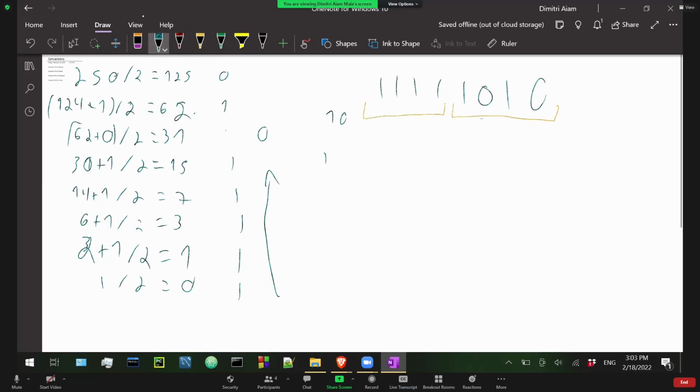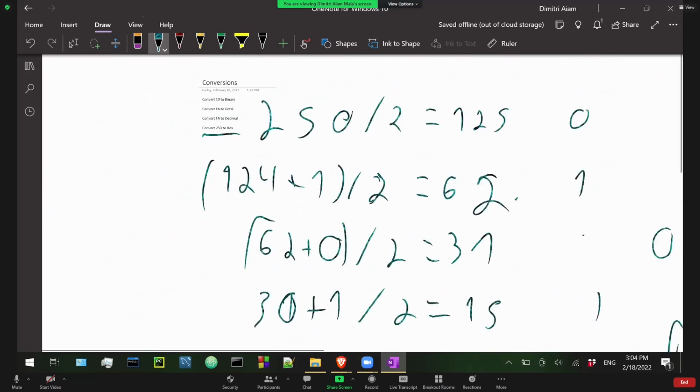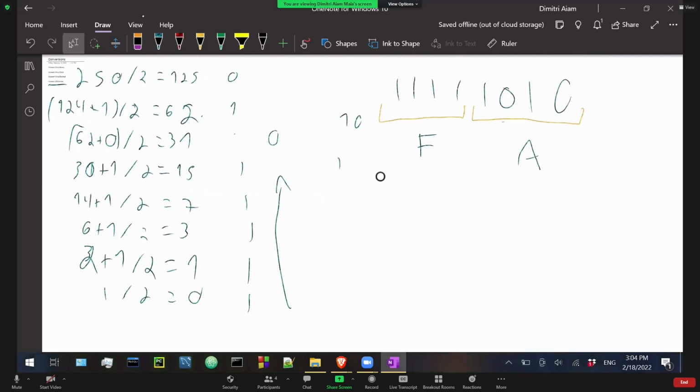And as we saw before, this over here is an F, and this over here is an A. So all of this is how you do this one, in groups of 4. I'm just writing it down fast. Everyone good?